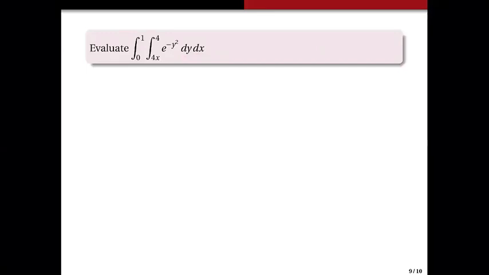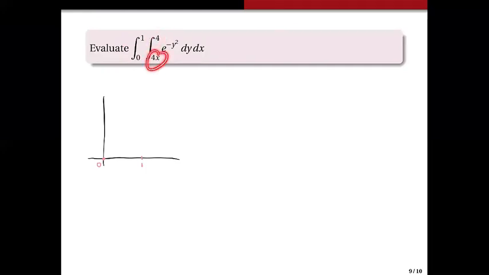So in order to do that, let's try to sketch the region or the domain. This is for x, this is for y. For x, it's just from 0 to 1. So this is 0 here, and say this is 1 here. And then for y, we need 4x until 4.